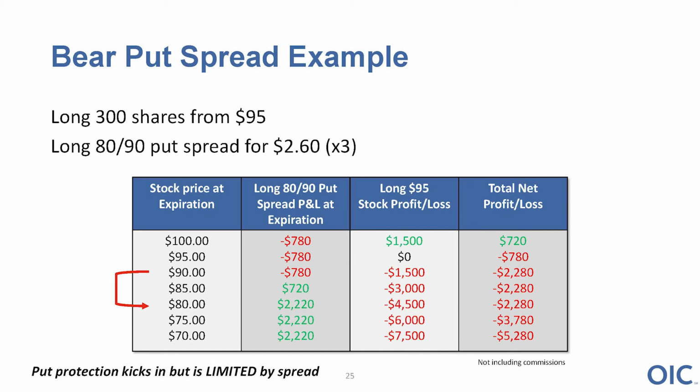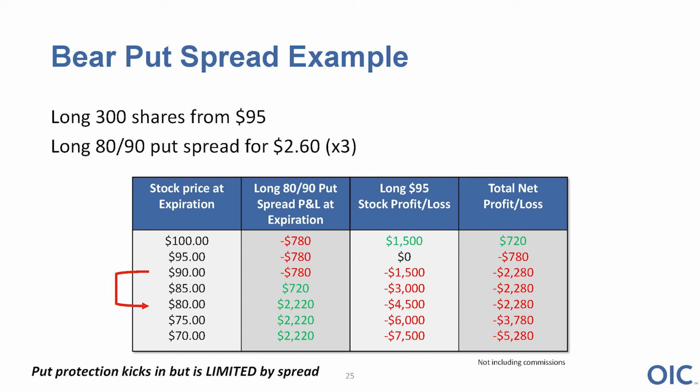Now, if the shares go to 90, we would lose $1,500 on our stock. Our put spread would still go out worthless, but we would have a net loss of $2,280. As you can see, between 90 and 80, because we have the 90-80 put spread, that loss, the $2,280, stays the same. That's the most we can lose on this position.